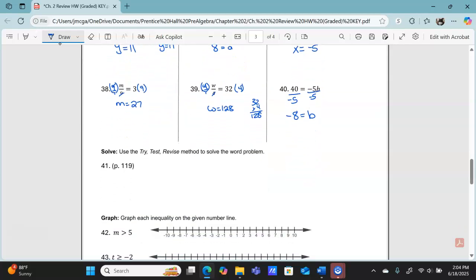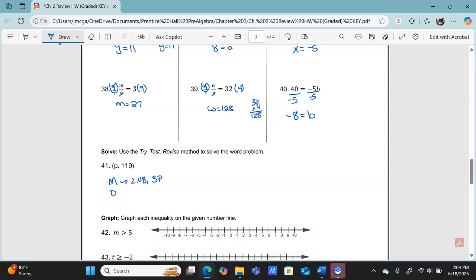And then 41, we are told that Marcella and Danilo went to the bookstore. So Marcello bought 2 notebooks and 3 pens.